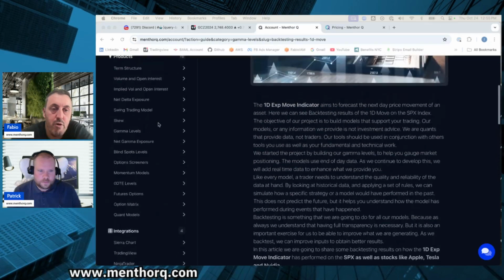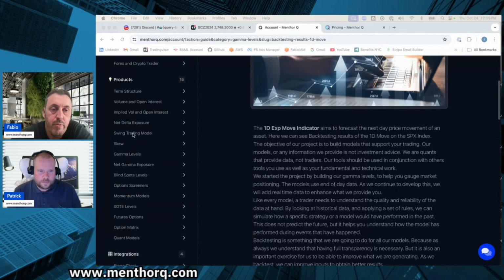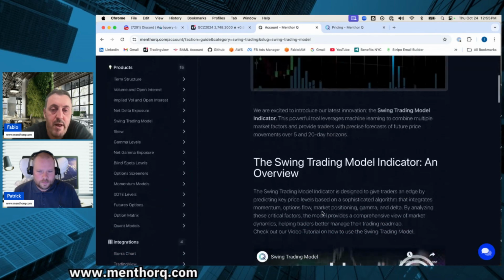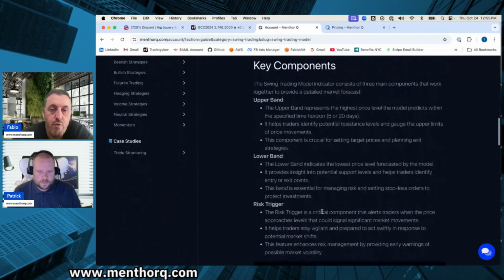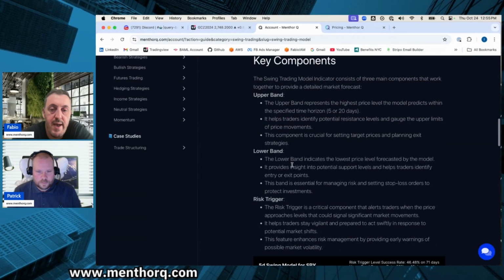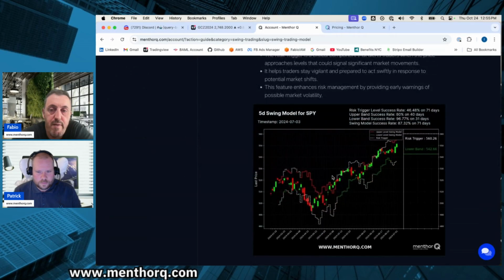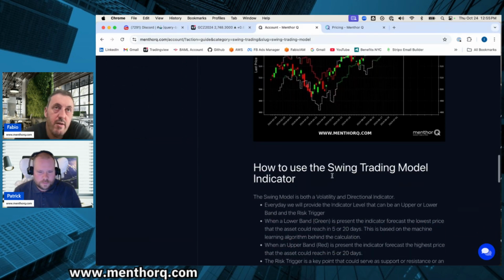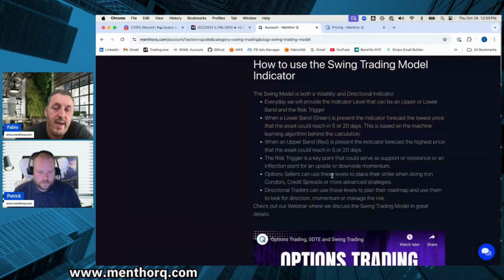So the swing trading model, and if we go here, I'll show you in a second. They follow a similar approach, and we provide you with an upper band, a lower band, and a risk trigger. We provide you 2 time horizons, 5 days and 20 days. So the idea is very similar. The swing levels on top of that also have a directional bias. We will also tell you, based on the data, if the trend of the asset is bullish or bearish.